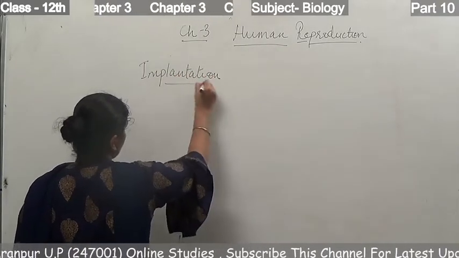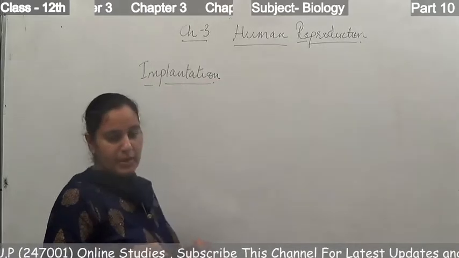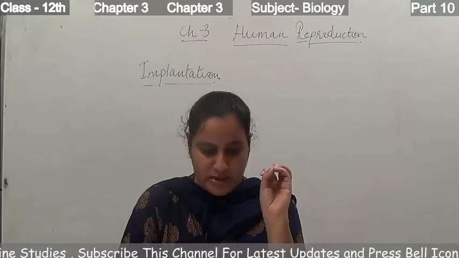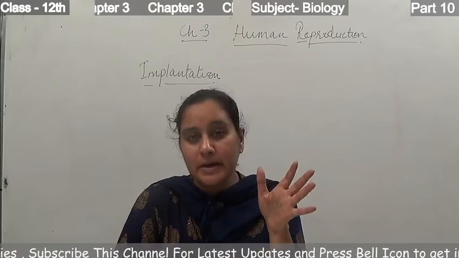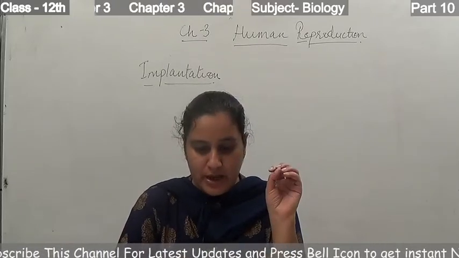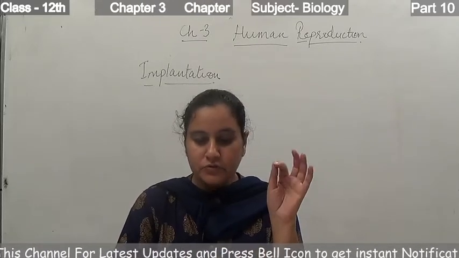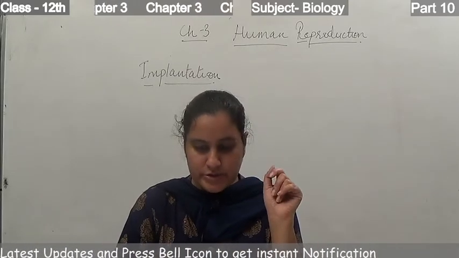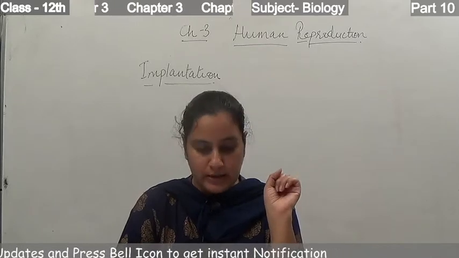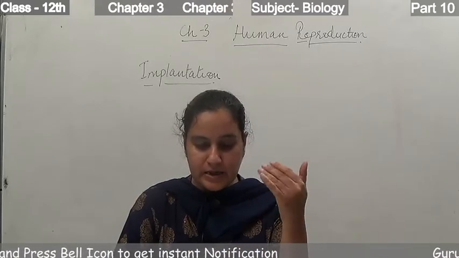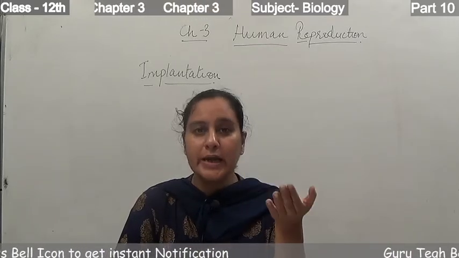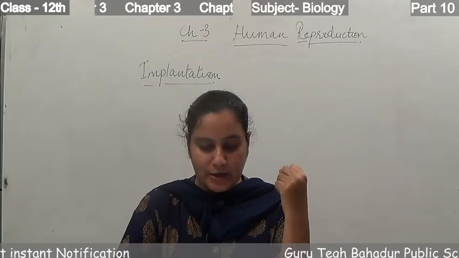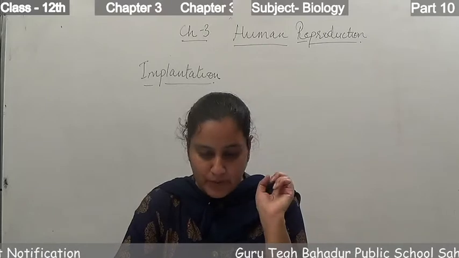After the zygote is formed, these zygotes divide rapidly by mitotic division and move through the isthmus of the oviduct towards the uterus, and this is called the cleavage. As a result, 2, 4, 8, 16 daughter cells are produced and they are known as the blastomeres.